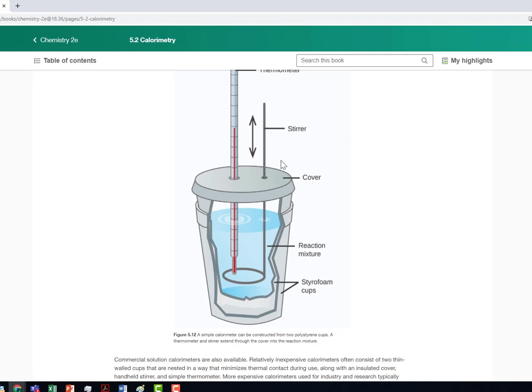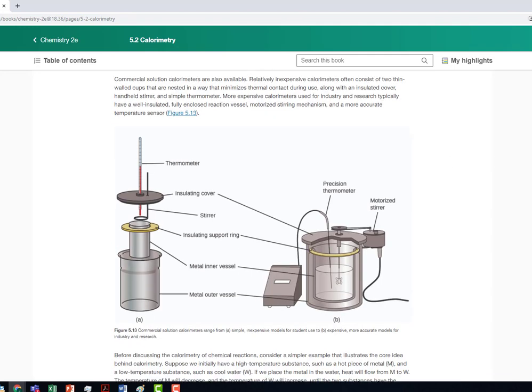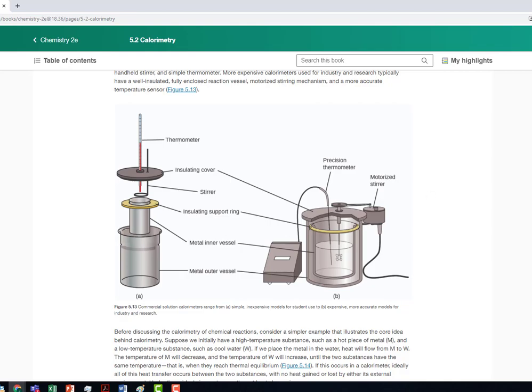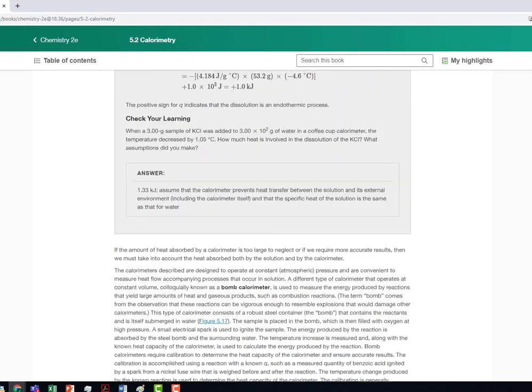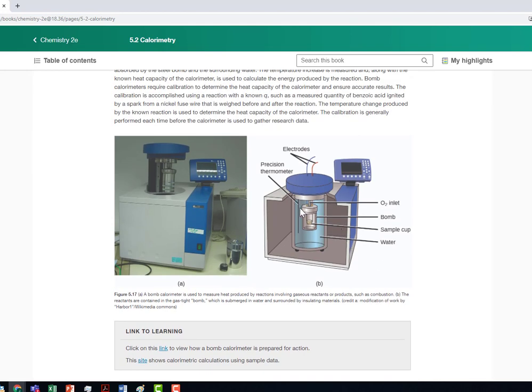So air can get in and out of there, and air could get in and out of this one as well. Whereas this one is sealed. It's pressure sealed. You have a very high pressure inside of here. This is called the bomb, and then you have something in here that you are basically igniting.